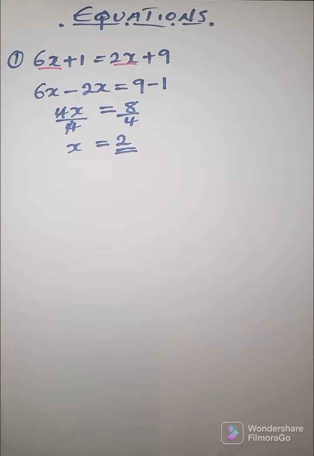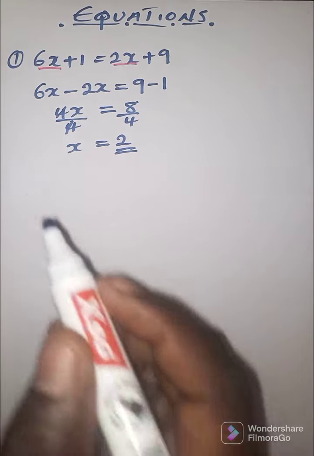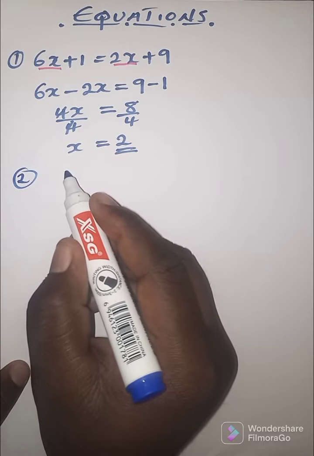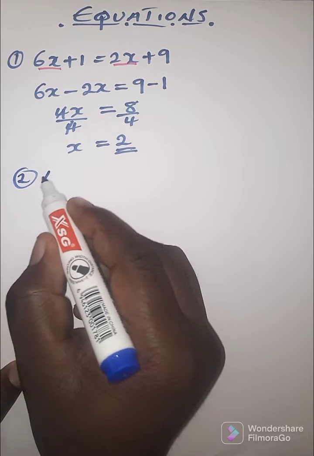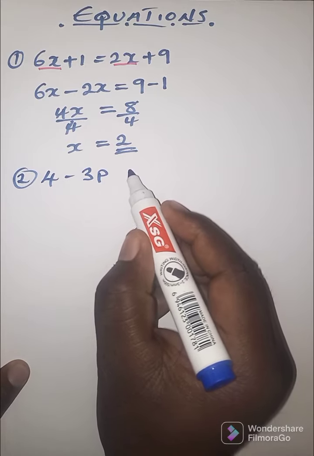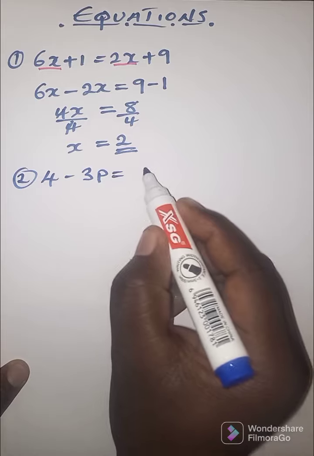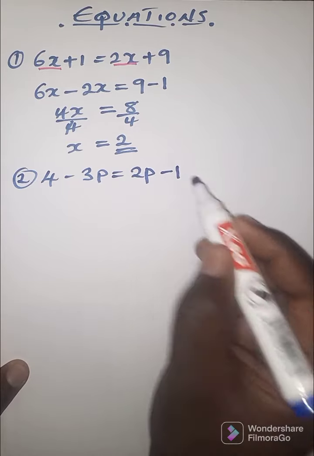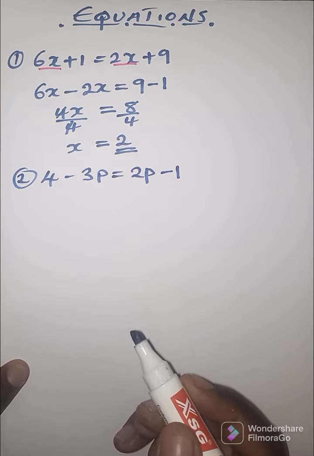Moving on to the next example. Our next example is we have the question 4 minus 3p equals 2p minus 1. How do you suppose we solve this equation?